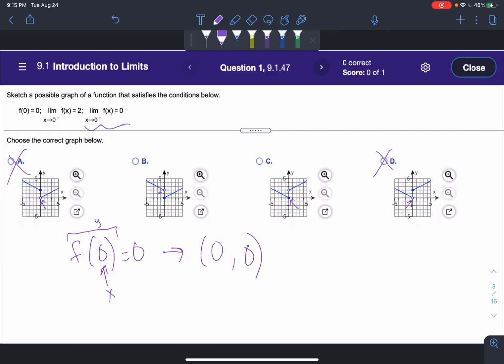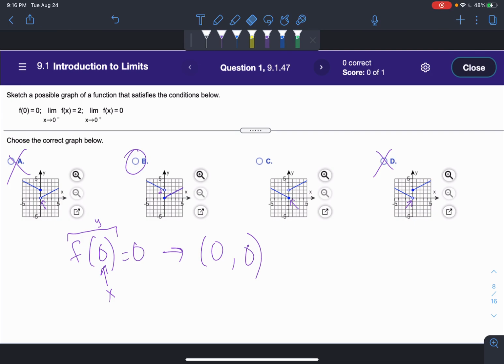So as we approach 0 from the right, is my function going towards 0? So I'm going to trace going from right to left, starting at my rightmost part of the function, going towards 0, and I notice that my function value is also tending towards 0. So B is our correct answer because it has all 3 of these conditions.